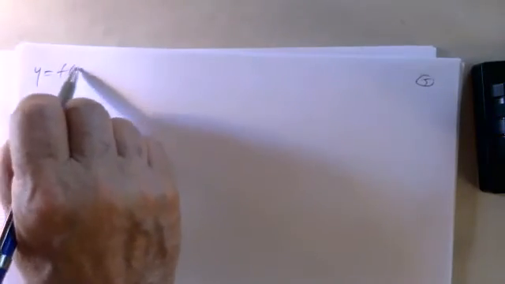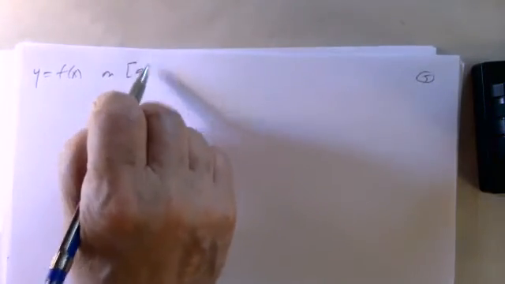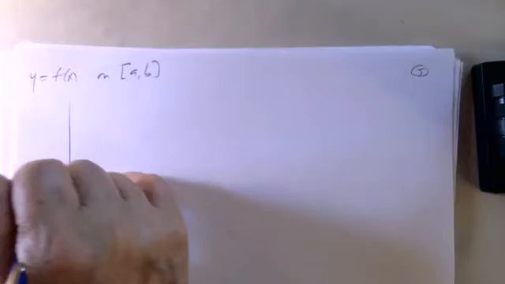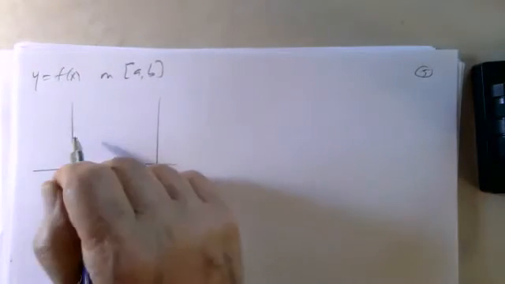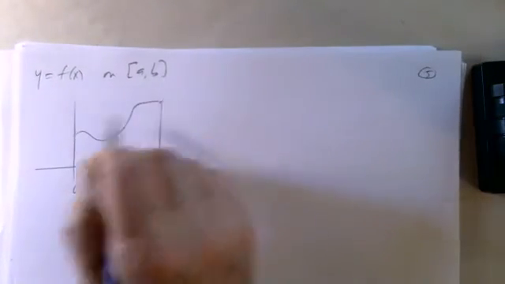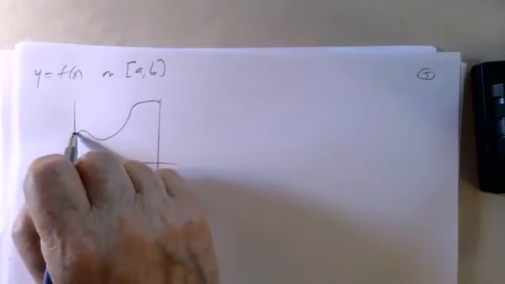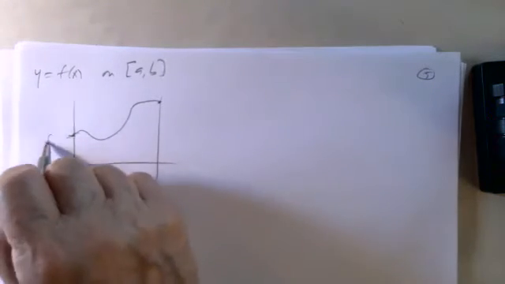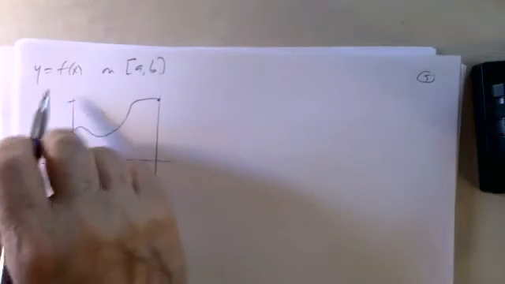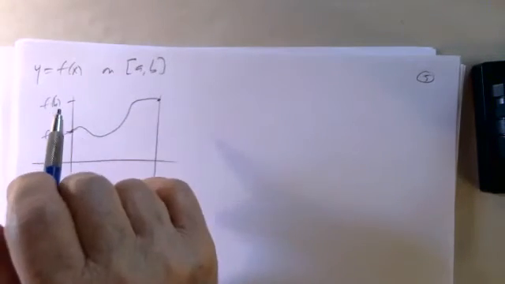So the idea is you have a function y equals f of x on the interval from a to b. So this is a, this is b, and this is the graph of the function. And it doesn't take the same value at the endpoints.